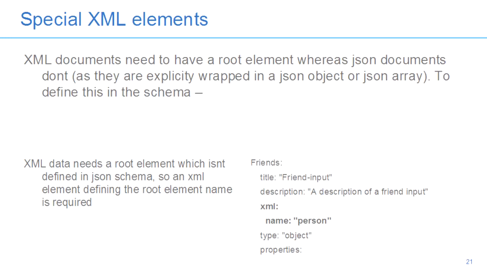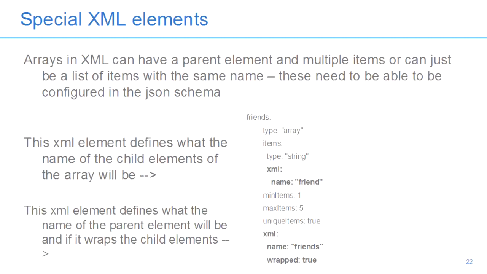So this is just going over what I've just stated. The XML document needs to have a root element, and you define it here. So this is just saying if you're going to use this to validate against an XML document, then we're going to create a root element called person to wrap everything in.